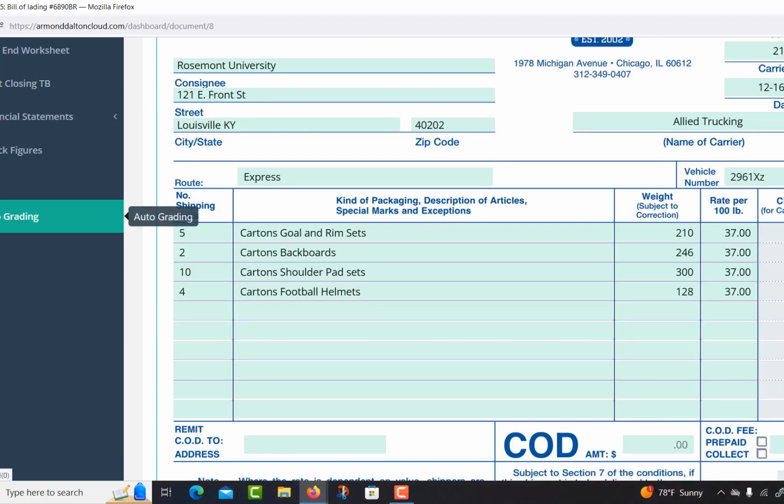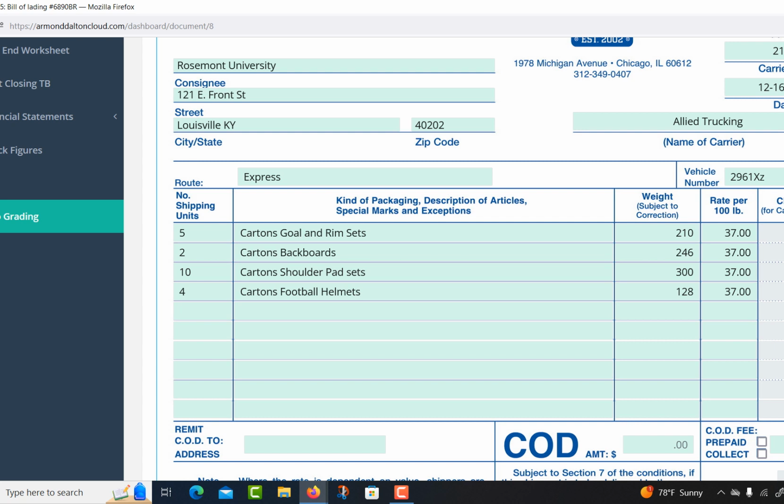We're going to take the 5 cartons of goal and rim sets at 42 pounds each and multiply that, and we have 210 pounds of weight in those cartons at $37 per 100 pounds, and that calculates out. And then this one, we're going to have 2 cartons times 123 pounds per carton, and that's going to be 246. Here we have 10 at 30 pounds each and 4 at 32 pounds each.